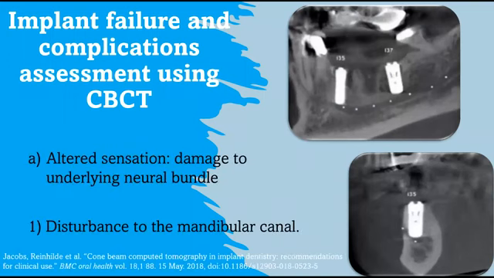Examination of implant failures and complications using cone beam computed tomography allows us to identify any altered sensation, which is because of neurovascular disturbances, most often following damage to the canals. These are easily detected by the three-dimensional imaging modality, allowing the surgeon to isolate and indicate the reason for the patient's discomfort or numbness.